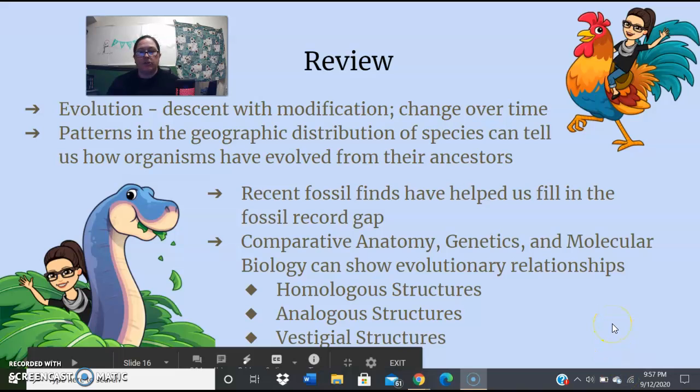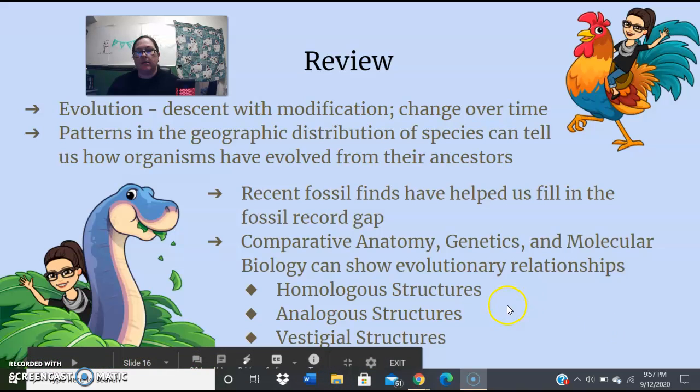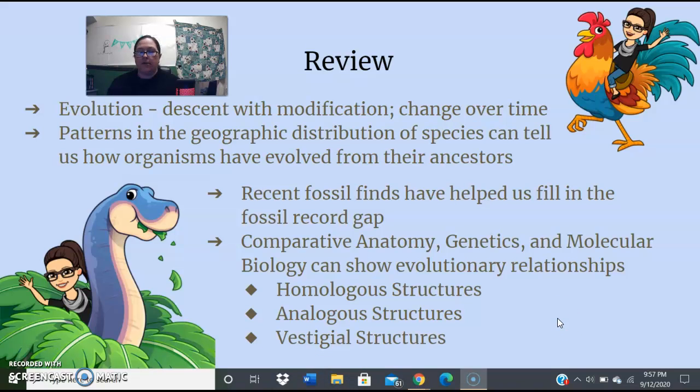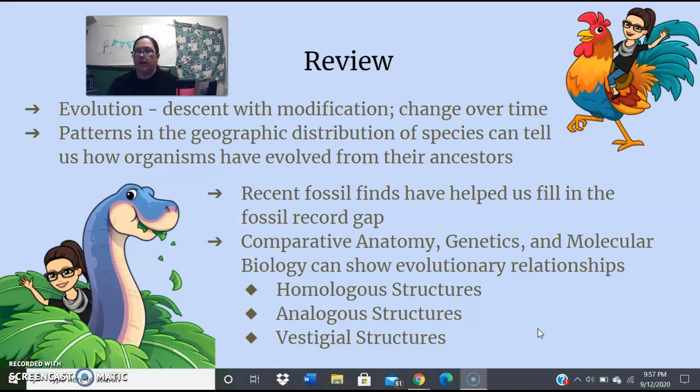Homologous structures, homo means the same, so they have the same ancestor, but different function. Analogous structures, they have same function, but different ancestor. And then vestigial structures are evidences left behind of something in the past that an ancestor may have used that's just not necessary anymore, like natural selection decided we didn't need it.